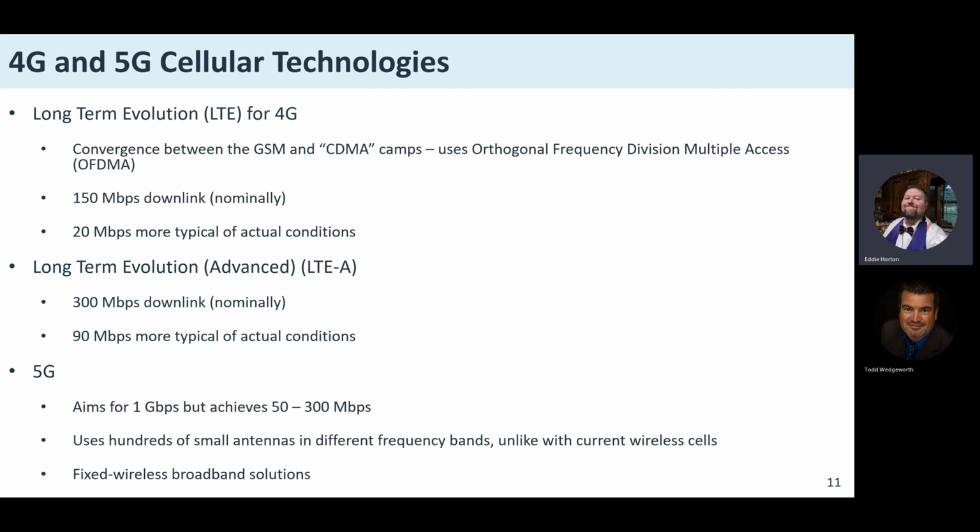So 5G then comes into play, and 5G aims for a gigabit, but it's really getting between 50 and 300. 5G is interesting because y'all know what a traditional cell phone tower looks like, right? You've got antennas all the way around. 5G uses hundreds of really small antennas, and each of those is in a different frequency band.